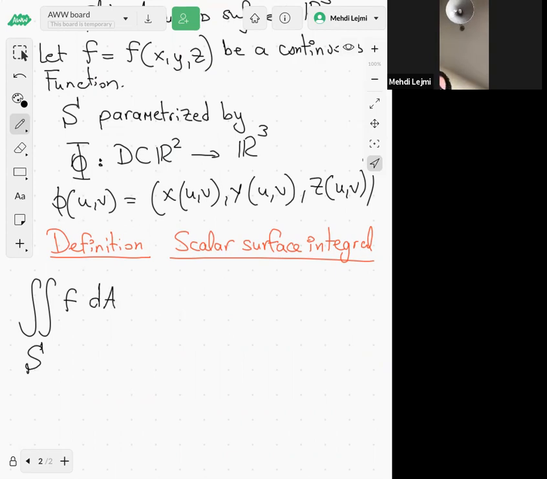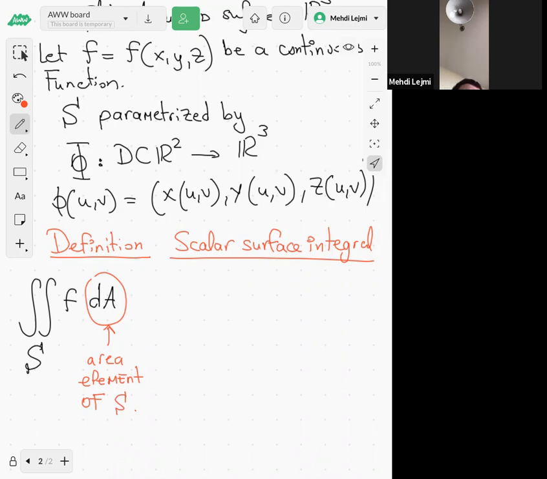We're going to need the area element of the surface S. So remember, guys, what's the area element?